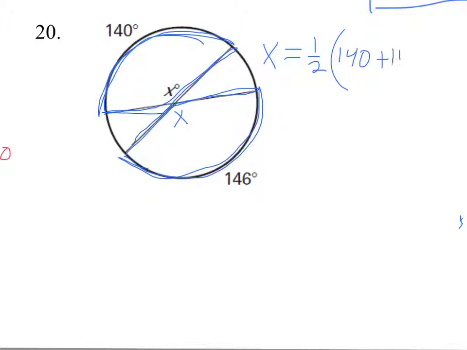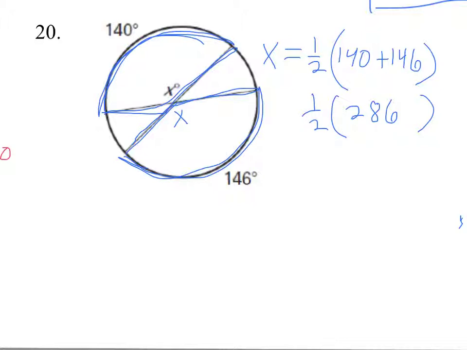And so basically you're going to average them. You're going to add together the two arc measures and times it by 1/2, or you know that timesing by 1/2 is the same as dividing it by 2. So I would actually add those together. 140 plus 146 is 286, and then either times by 1/2 or divide by 2, same thing, and you get 143.